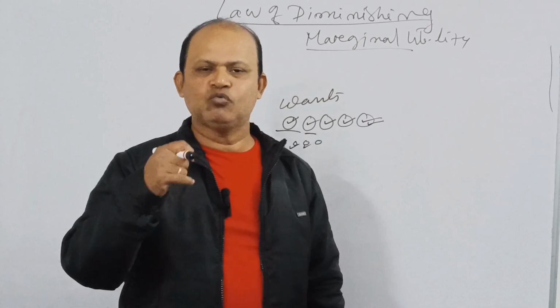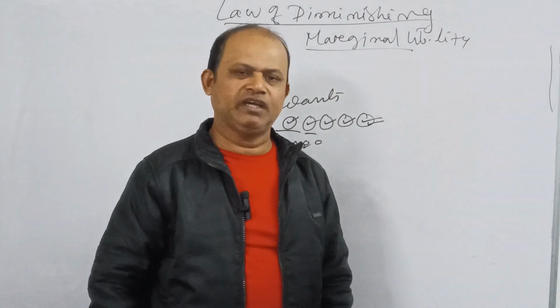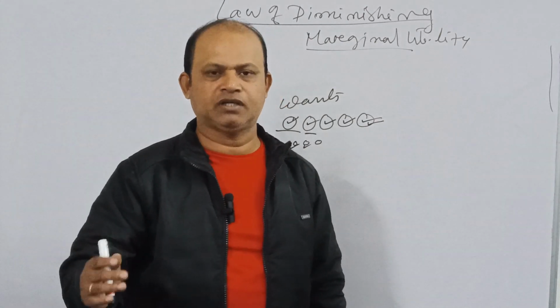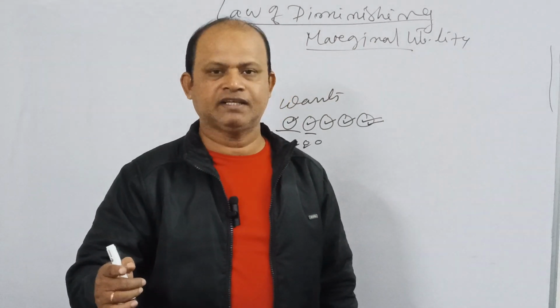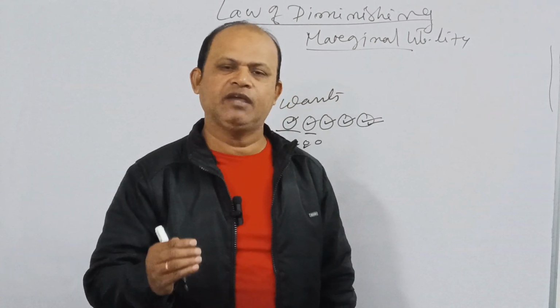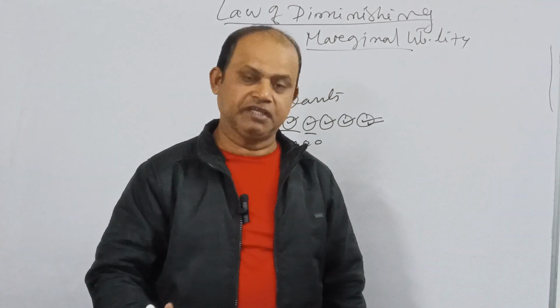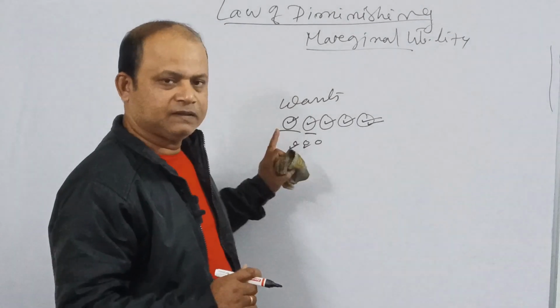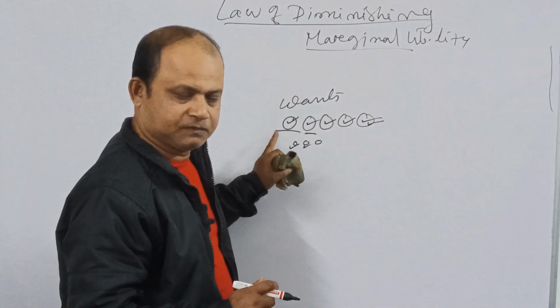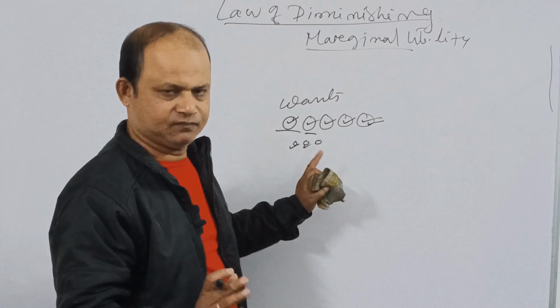After drinking that, you will feel more thirsty. That is why when you are thirsty, you need a glass of water. When you drink the first glass and then the second glass, it will give you a bit lesser taste than the first glass. So the size of these goods must be of a standard.